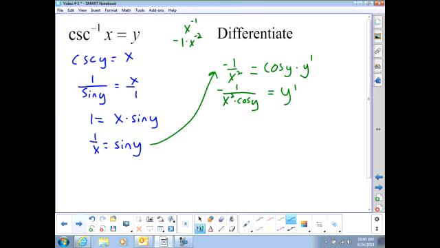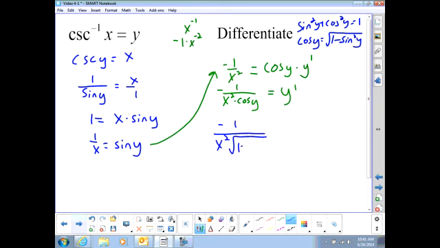We want our derivative in terms of x, though, so we've got to substitute in for the cos y. We'll again use our Pythagorean property that sine squared y plus cos squared y is equal to 1. Getting cos y by itself, we'll have cos y is equal to the square root of 1 minus sine squared y. So this means we'll have negative 1 over x squared times the square root of 1 minus sine squared y equal to y prime.